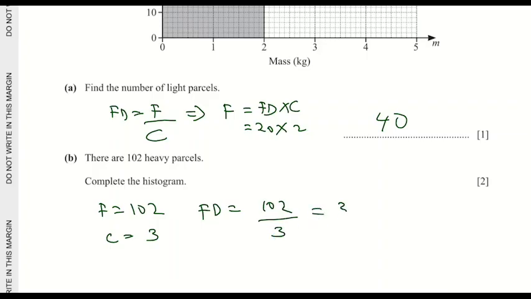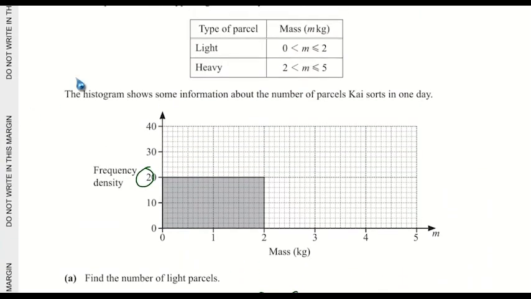So this gives 34. Each line is 2 units, so 34 will be 17 lines. This is 5, 10, 15, 17 line will be here. This is 15, 16, 17.